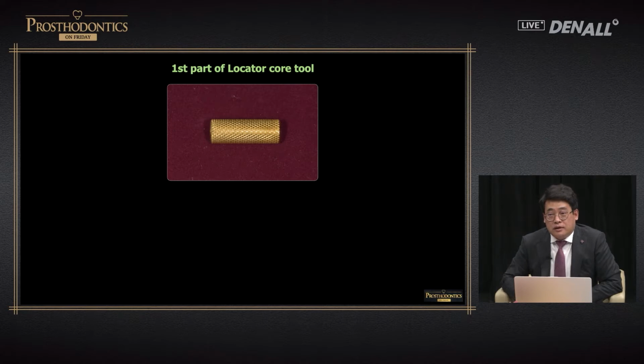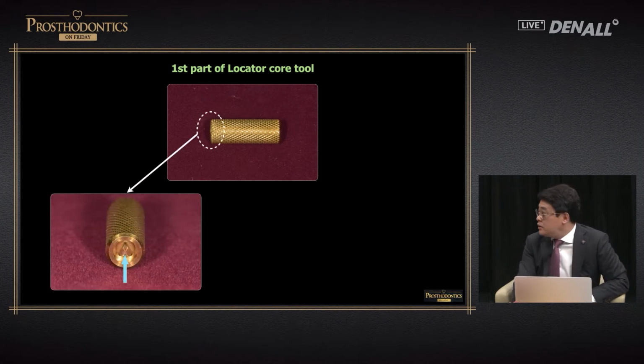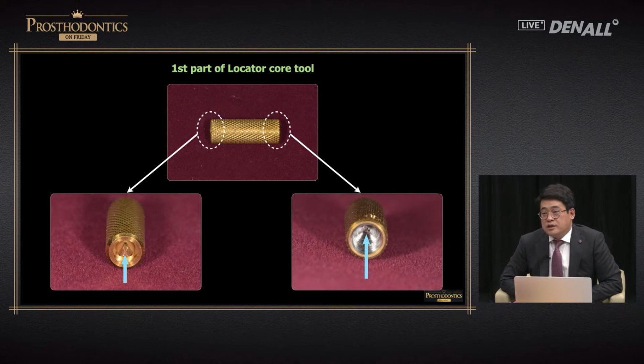If you take a closer look, on one side, it is designed to engage the locator. On the screen, you can see how it is designed. On the other side, there's a hole for the hex driver to go in.